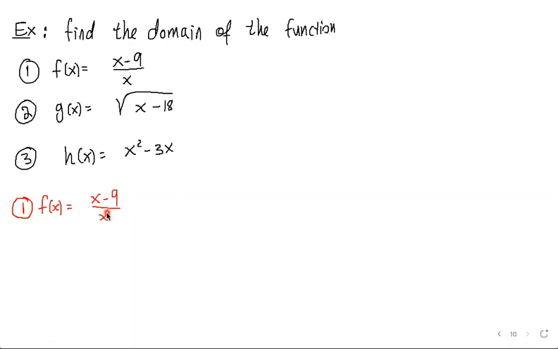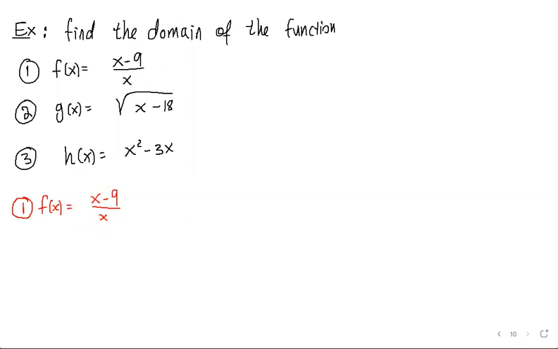Now we're looking at the denominator. So the domain for the numerator is R, or real numbers. But the problem here is in the denominator. We know in a rational expression, the denominator must be not equal to 0.